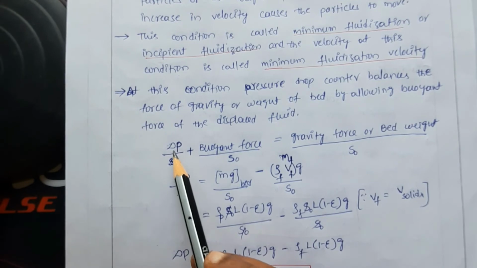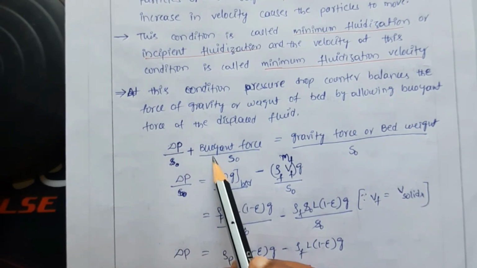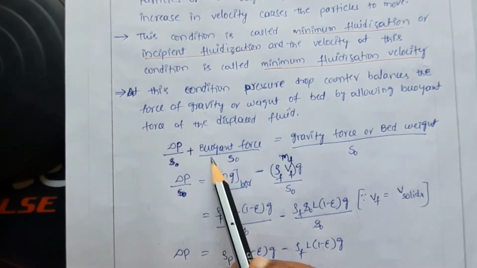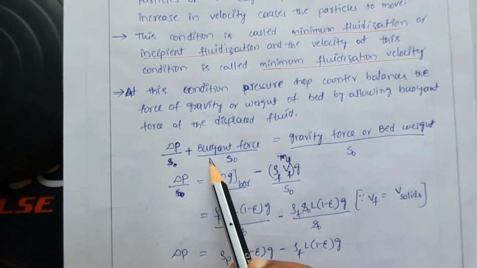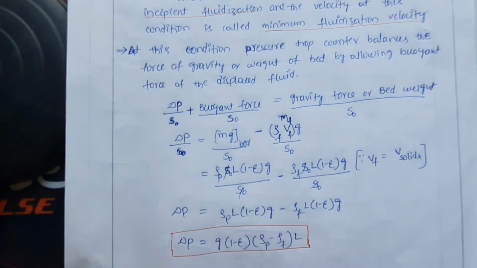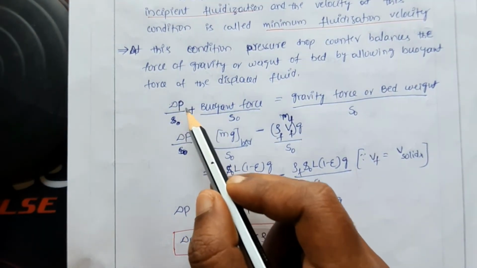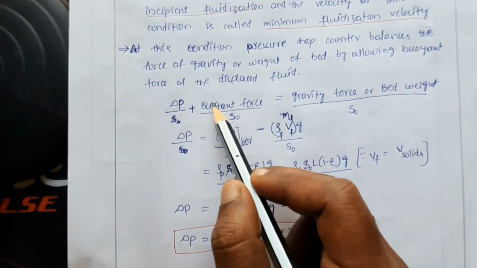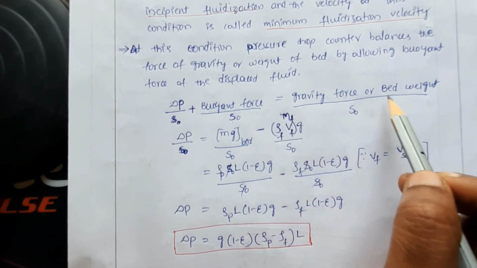So pressure force plus buoyant force per unit area is counterbalanced by the weight of the bed, right?